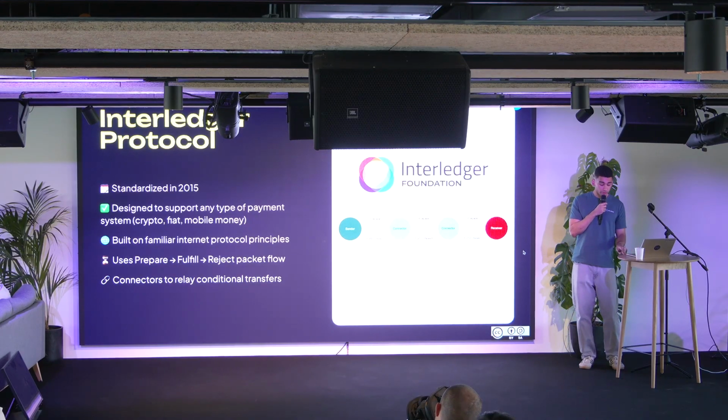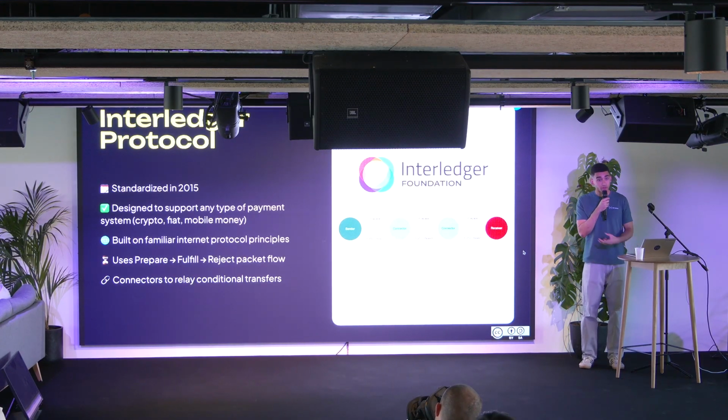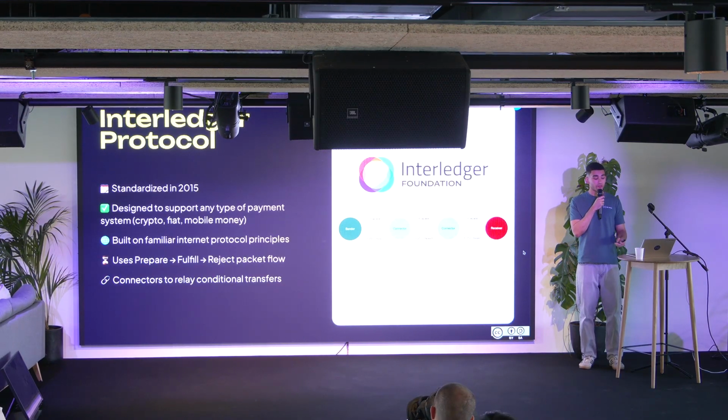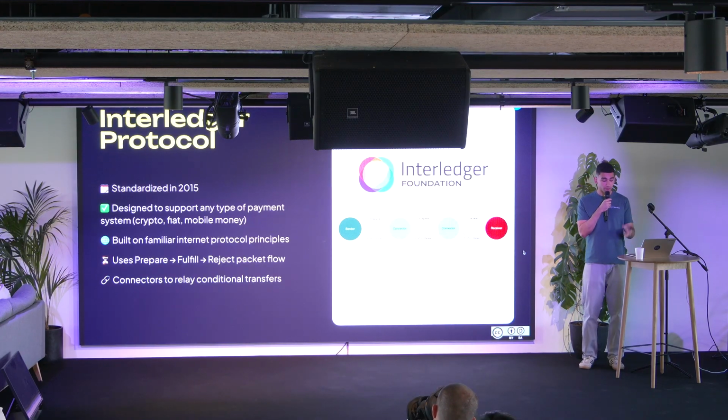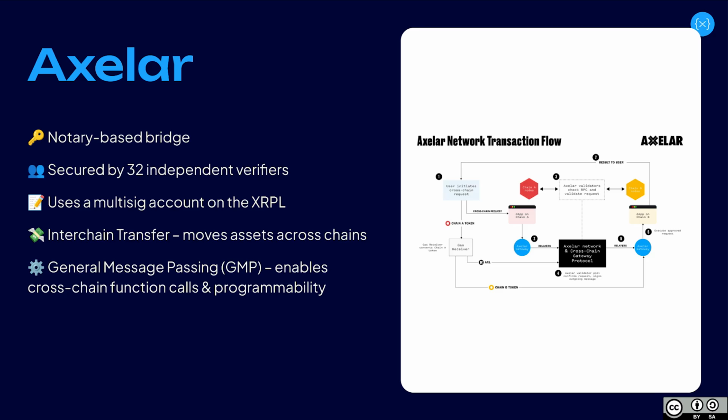And with the launch of the XRPL EVM, the XRP Ledger ecosystem had to find a solution that allowed the bridging of value between different blockchains specifically. And to do so, they use Axelar that we mentioned earlier. Axelar is a notary-based bridge. As I said, it's basically trusting a committee of 32 independent verifiers.